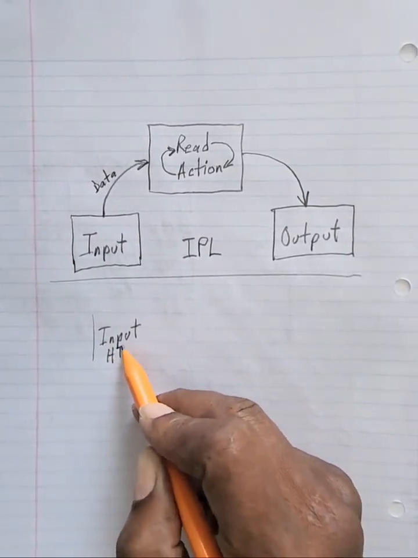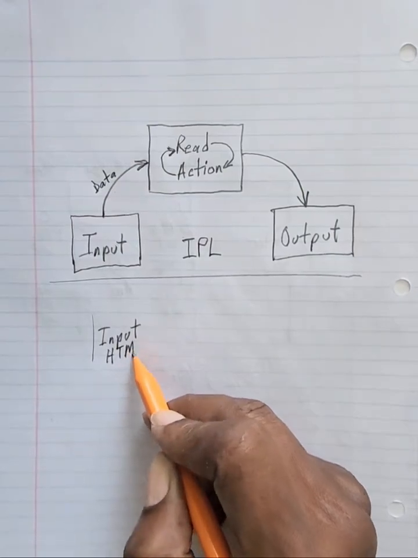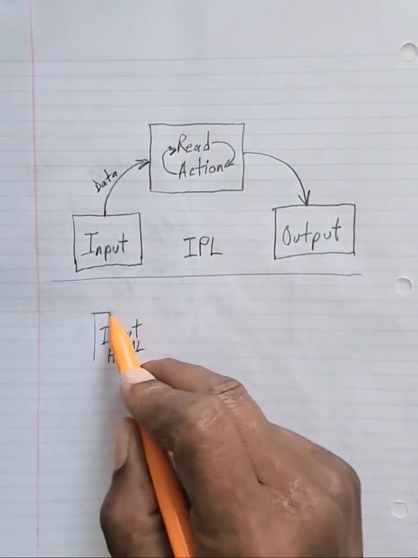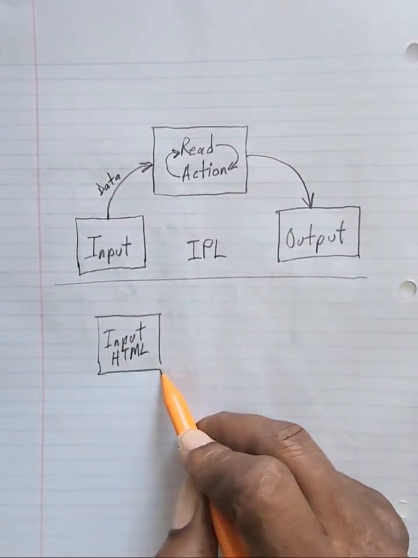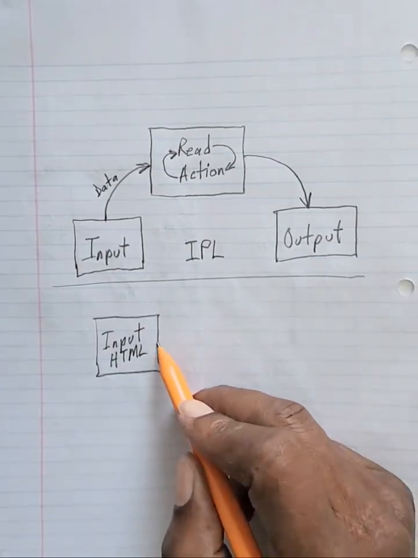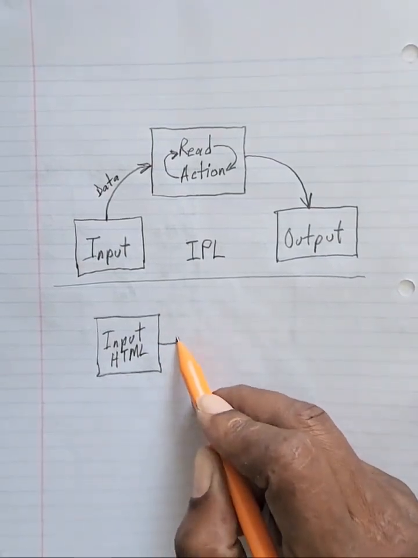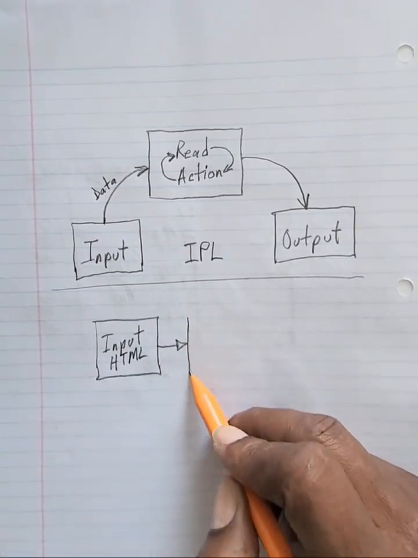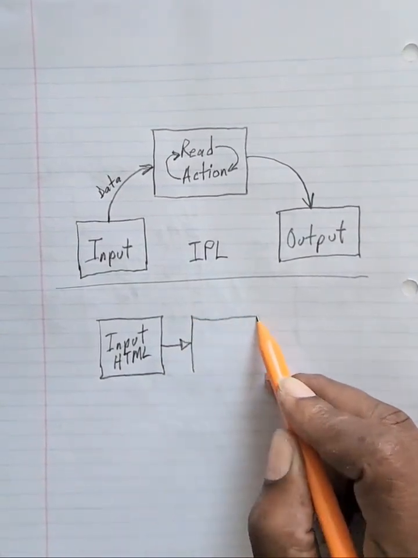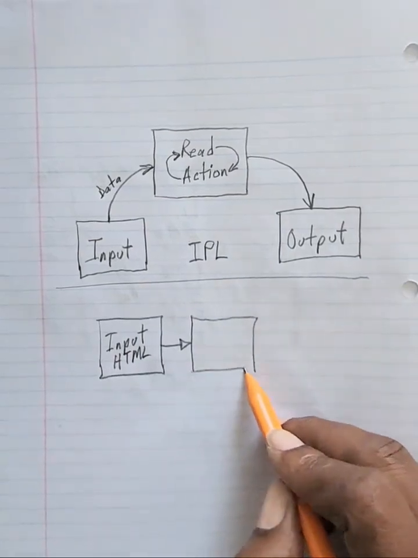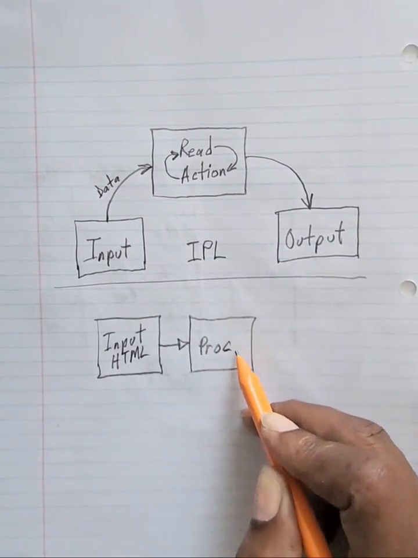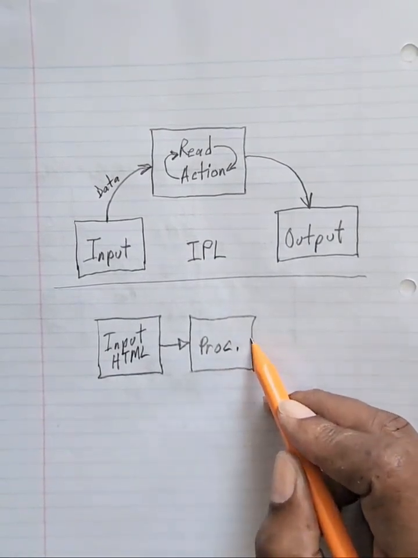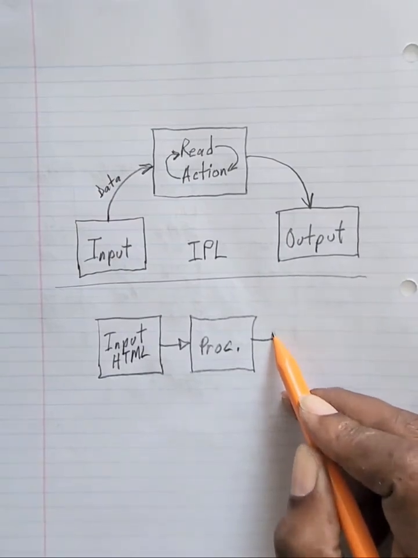It doesn't have to be just HTML, but let's say HTML for right now. It is a file that it processes. There's some processing by the browser. And then it displays it.